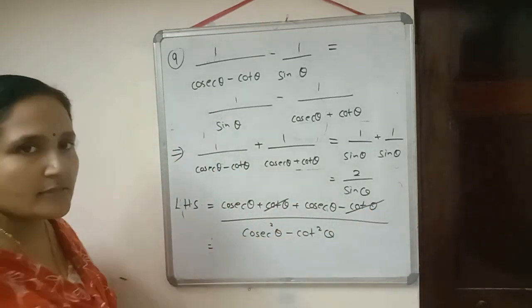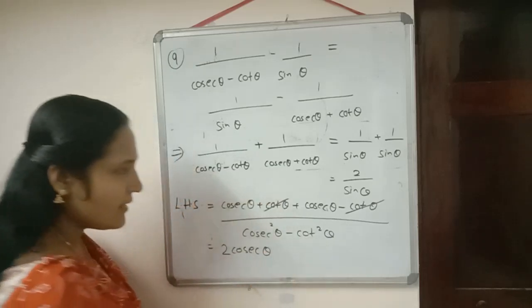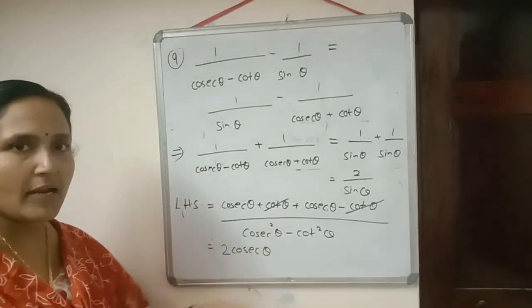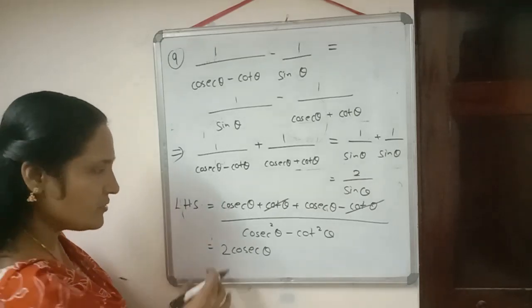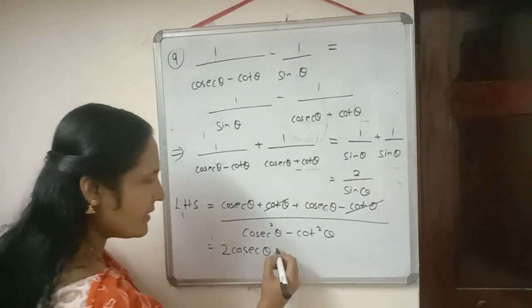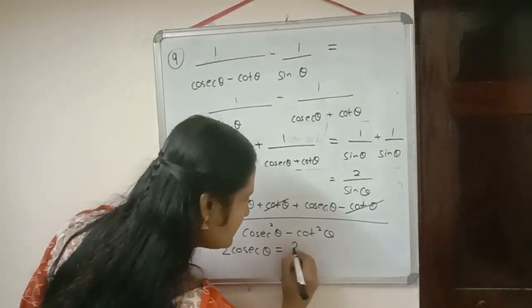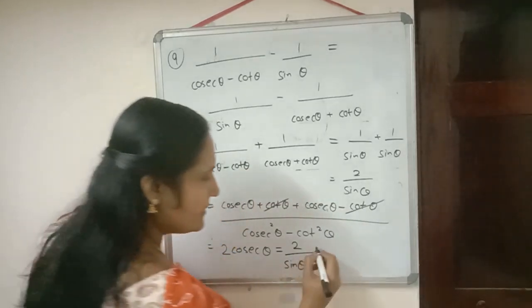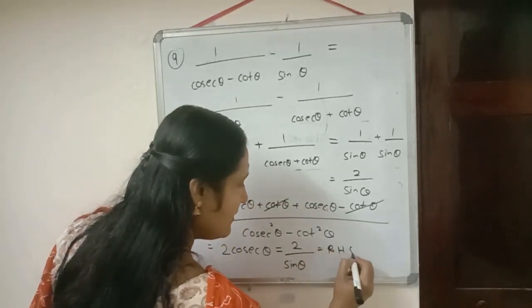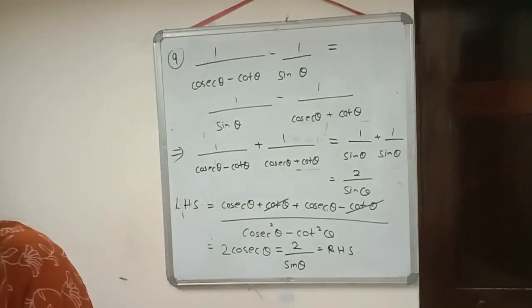Cosec theta plus cosec theta will be equal to 2 cosec theta by, what is cosec square theta minus cot square theta? Yes, that is equal to 1. So the denominator we don't have to write. In the right hand side, what do we need? Sin theta. So cosec theta can be written as 1 by sin theta. So we are getting the answer 2 by sin theta. I hope this method is clear to you.